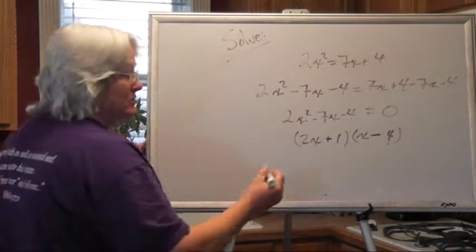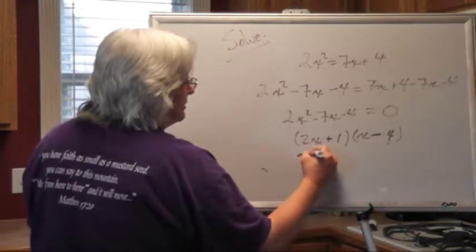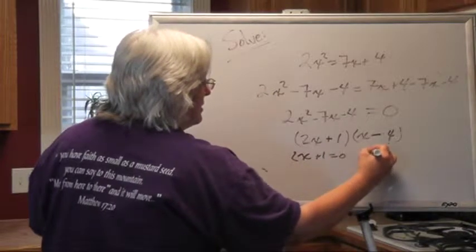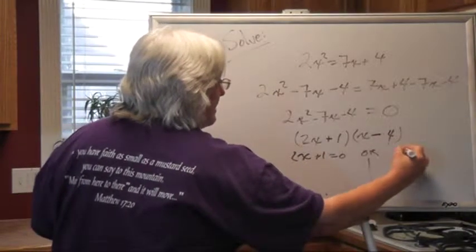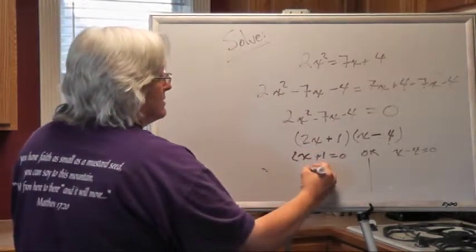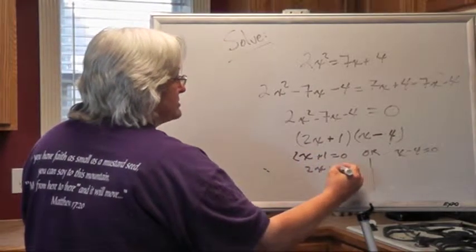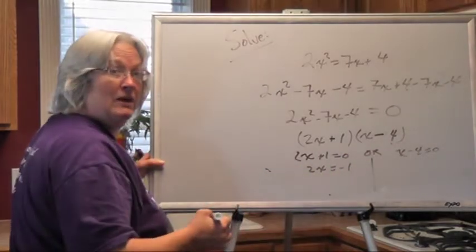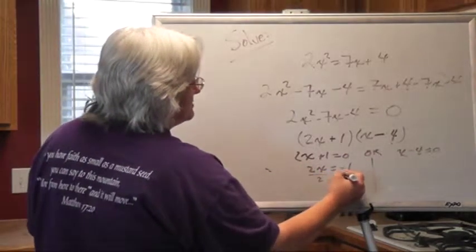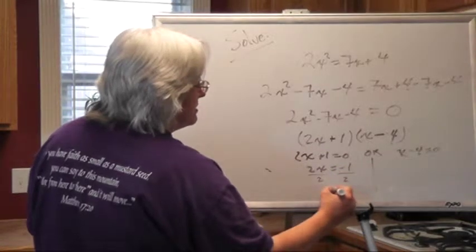The next step that you have, 2x plus 1 equals 0, or x minus 4 is equal to 0. Subtract a 1 from both sides of the equation, you have 2x is equal to minus 1. Divide both sides of the equation by 2.